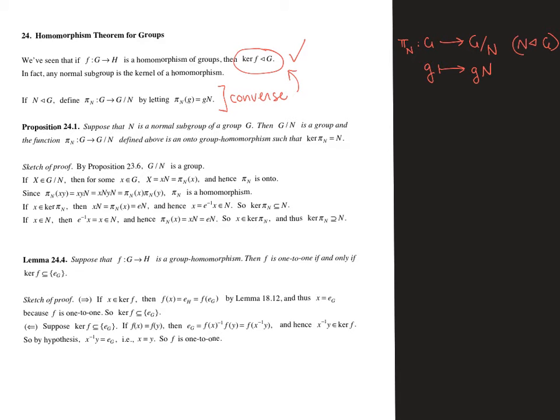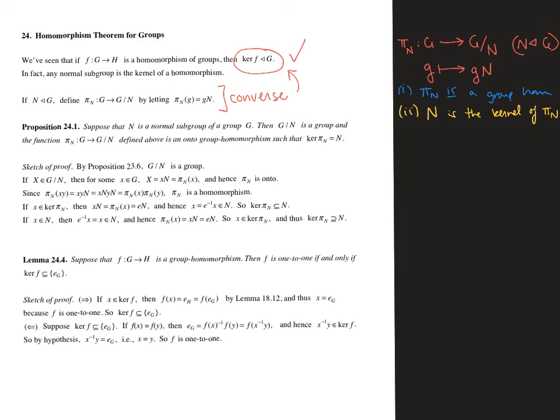To get this converse idea to work, first I need to show that pi sub n is a group homomorphism. Then I need to show that n is the kernel of pi sub n. Then I will have shown that we can build a homomorphism to make a normal subgroup into the kernel, which is a cool idea.